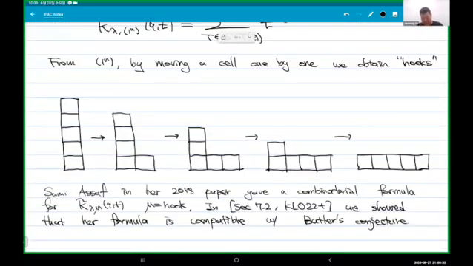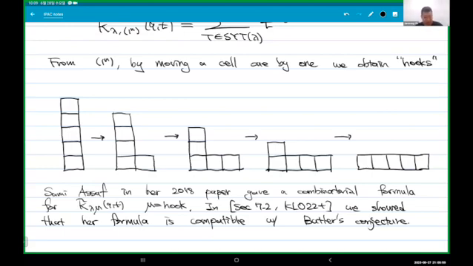And since we have discovered that her bijections are compatible with Butler's conjecture, we don't have to follow all the way using her bijection. We just need the original permutations. So we kind of simplified her formula.